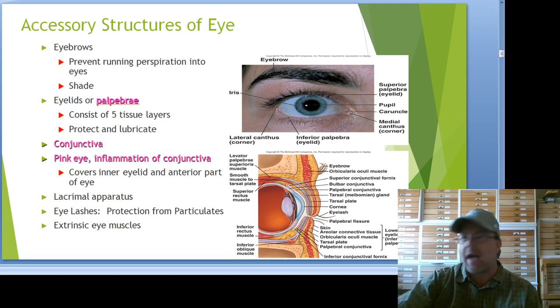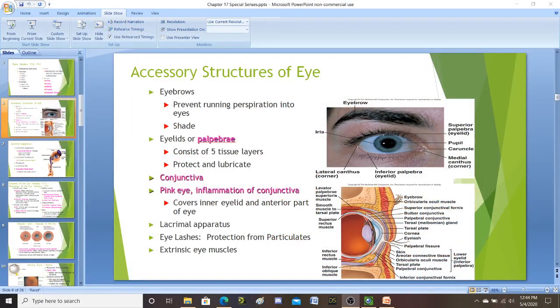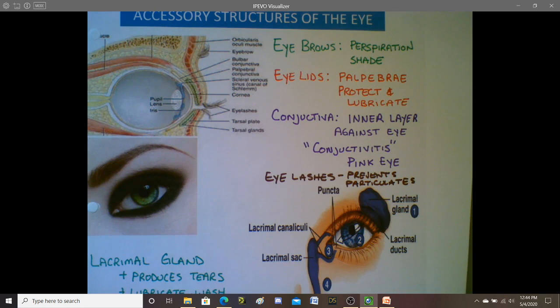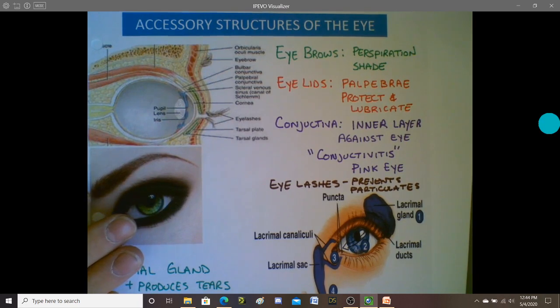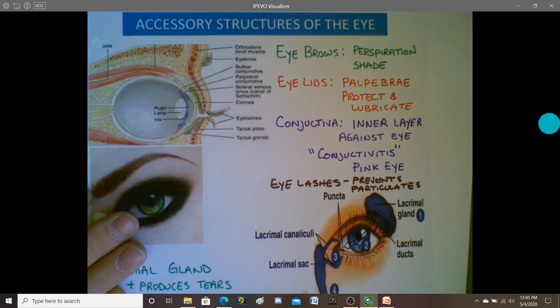So this is going to be handout 17D. And if we go to our handout 17D, I just mentioned the function of these major accessory structures.